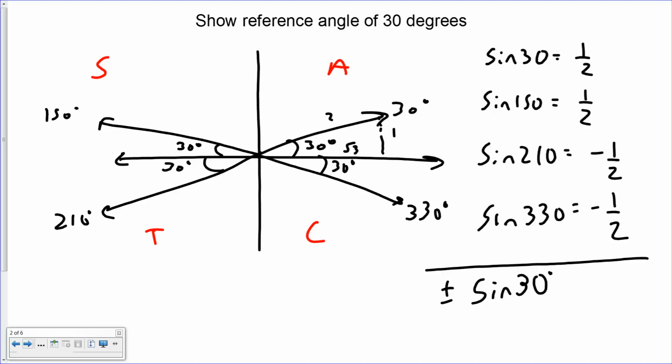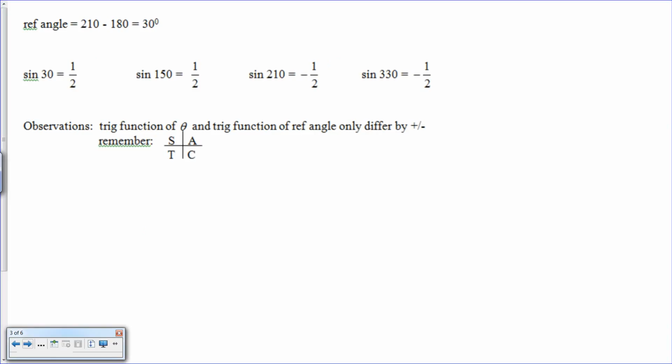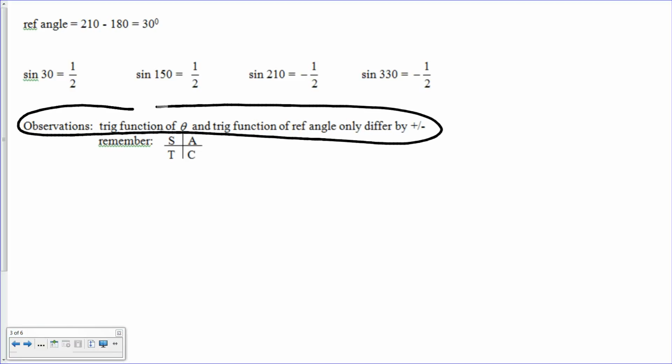But Santa Claus would get a lot of that seafood bisque stuck in his beard. Reference angle. We have 30 degrees, which we did before, and these are what I found out in the previous slide. And the main observation, the main hitter of today, is the trig function of theta and the trig function of the reference angle only differ by a positive or negative.